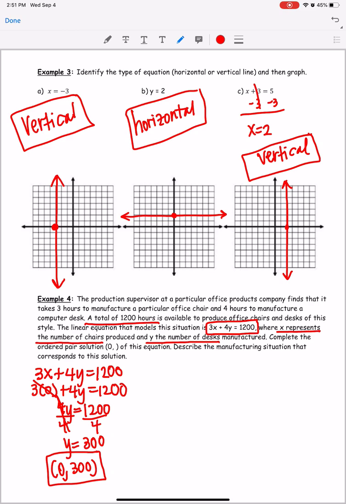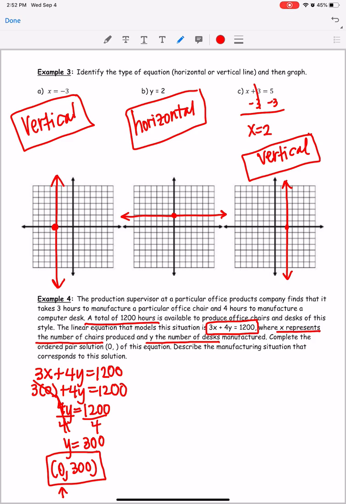I need to know how many hours total there are, and how many chairs and how many desks we are making. So in this ordered pair, if I have 0 for my x, what does that mean? Well, I underlined this thing for a reason. I don't want to go back and reread this and find important information. It says right here that x represents the number of chairs. So I need to make a note that we've got no chairs.